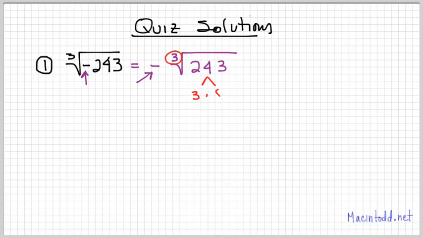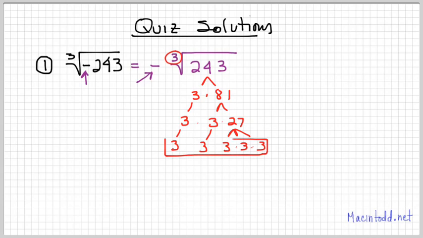It's 3 times 81. And then you keep track of all your factors. 81 is 3 times 27. And then 27 is 3 times 3 times 3. So if I were to multiply 5 3's together, it's equal to 243.